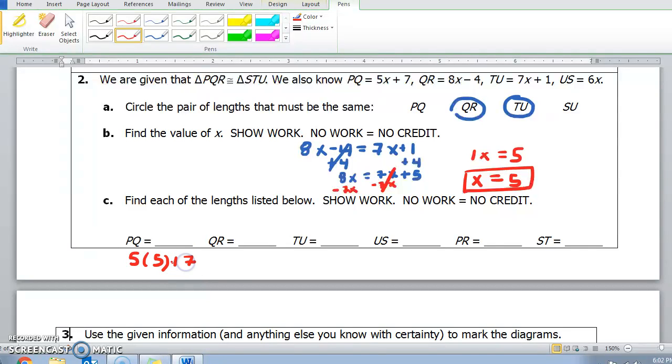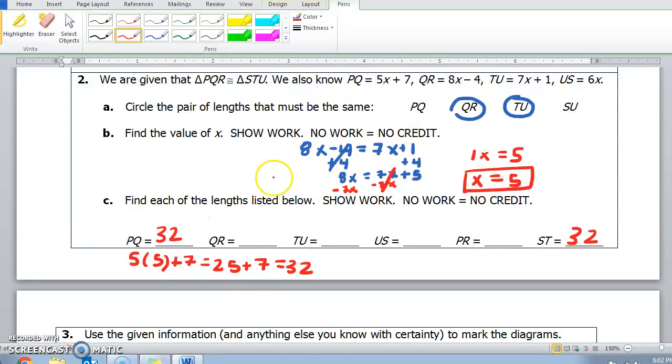So 5 times 5 plus 7. 5 times 5 is 25. If we add 7, we're going to get 32. So PQ is equal to 32. And since PQ is congruent to ST, we can put that ST is also equal to 32.